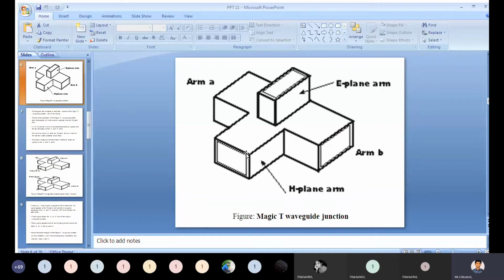So how do we get it? Based on the impedance mismatches only, we are getting the reflections, and they occur within the magic T waveguide junction.